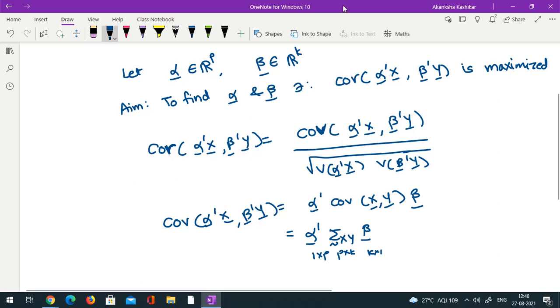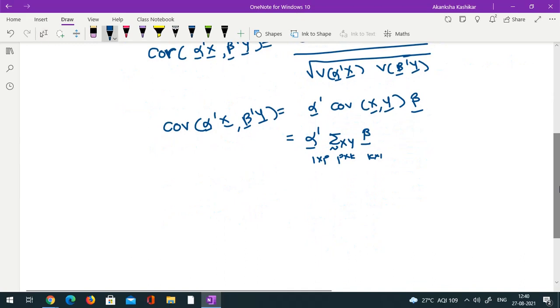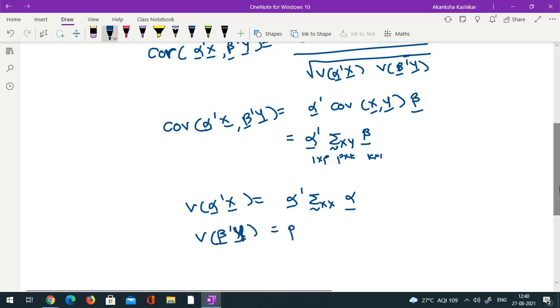So this is covariance. And what is variance of alpha prime x? Variance of alpha prime x will be alpha prime sigma x alpha, correct? Variance of beta prime y would be beta prime sigma y beta.